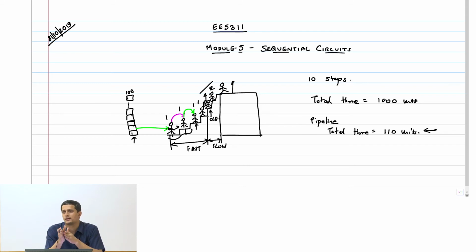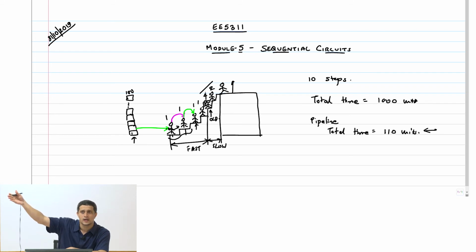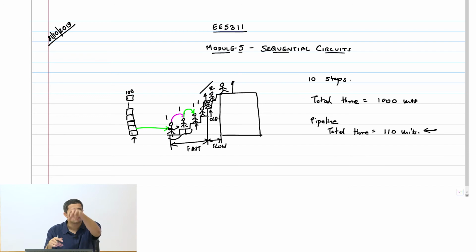The next brick can be fed when? Can you feed it after 4 units? What will happen? You keep one brick at time t equal to 4, right? That guy takes 6 units to take that and finish it. By then 4 more units have come. So clearly, because this delay of 6 units is larger than 4, at some point you are going to have more than one brick on that in-between pedestal.